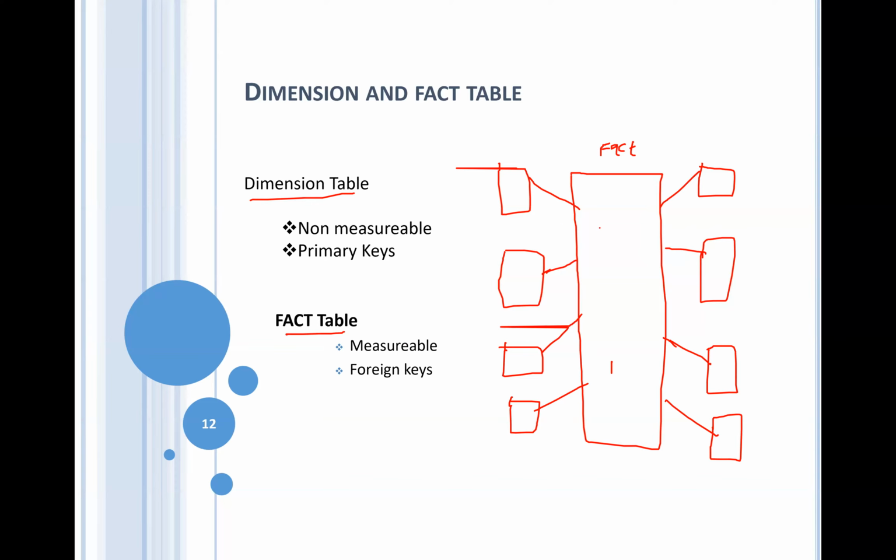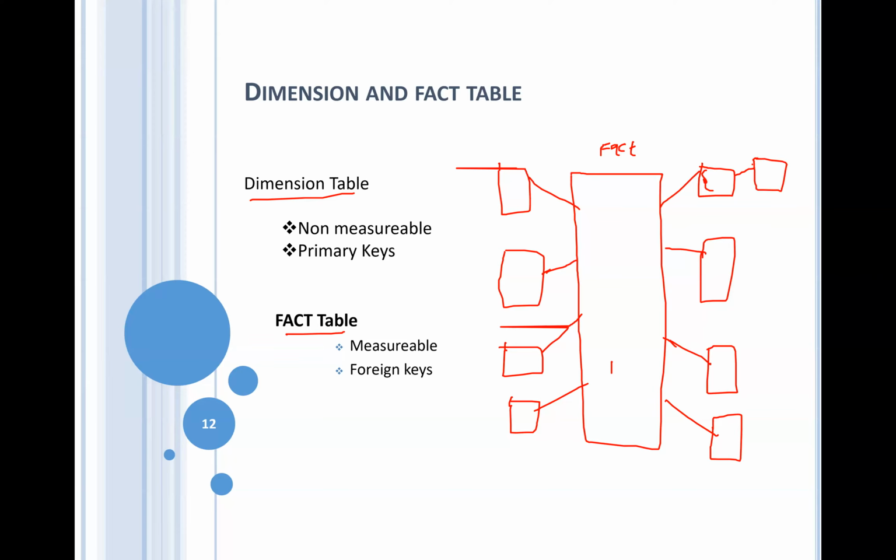Okay, sometimes what will happen, in one dimension table, you may have repeated data. You may have redundant data. So instead of having a denormalized table, so having the duplicate data, what we will do, we will go for the normalization process.